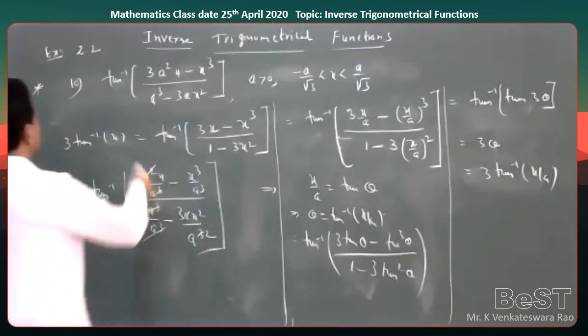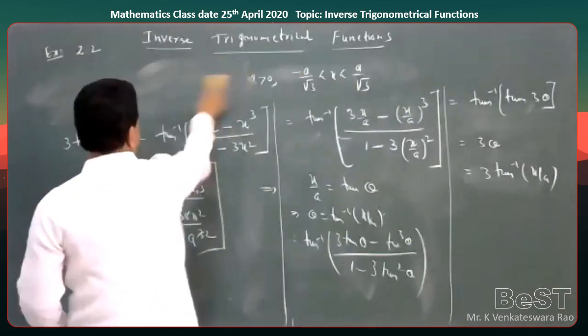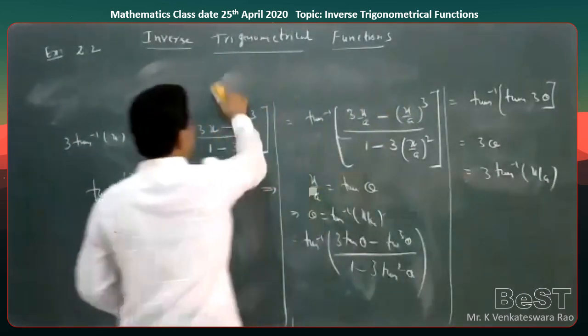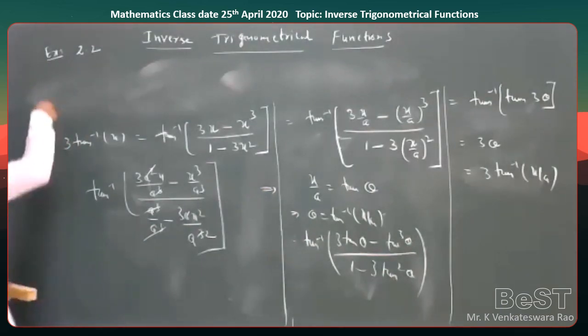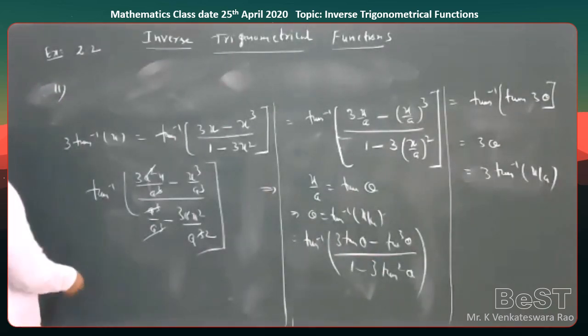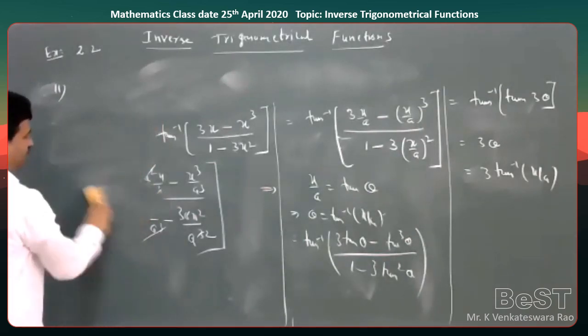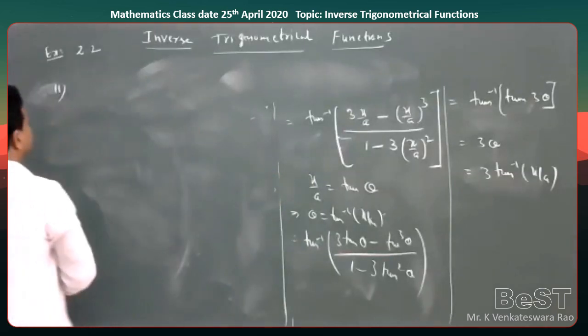So these are the models for simplifying the following. One important area, a definite question you will get, a 2 marks problem. Simplify. Next, find the values of each of the following.